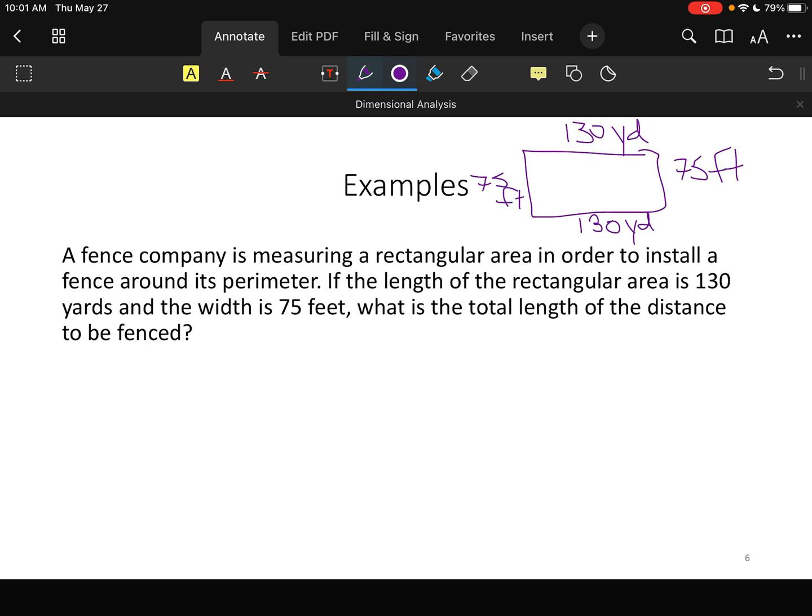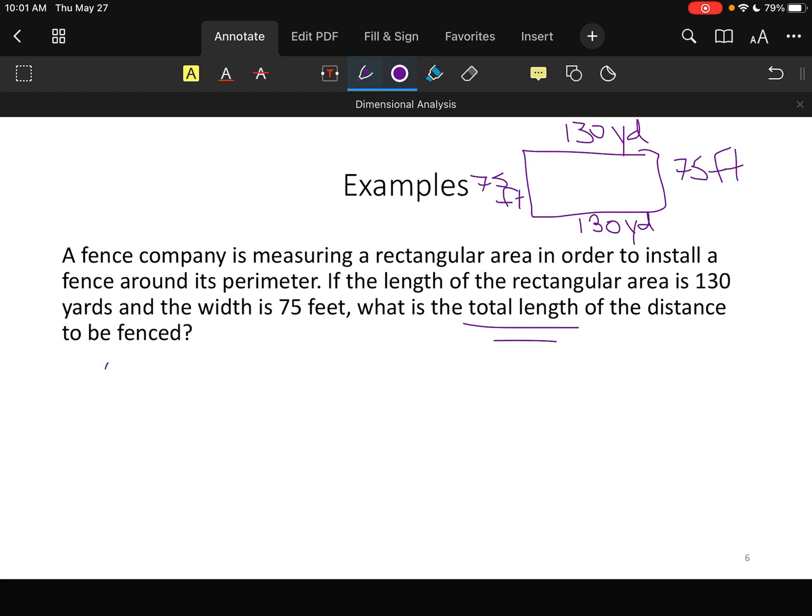What is the total length? Now, the issue is, to find perimeter, you add up all the sides, but we have different sets of units. Notice they said, what is the total length? They didn't specify yards or feet. So we're going to do what's easy.